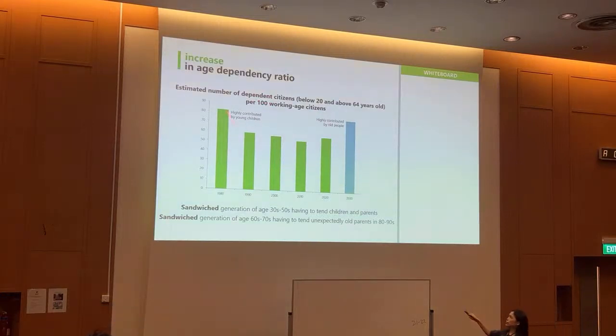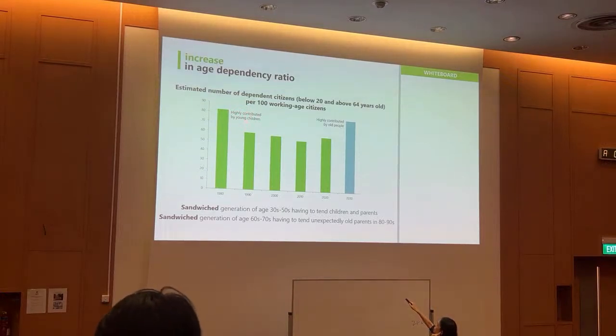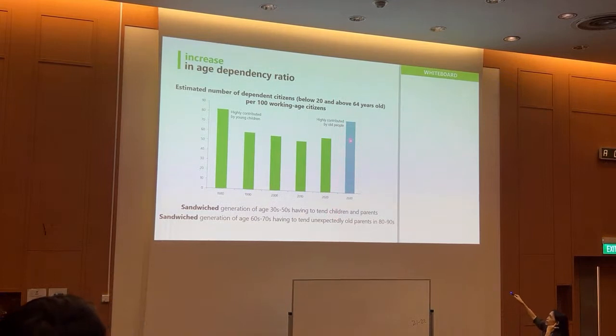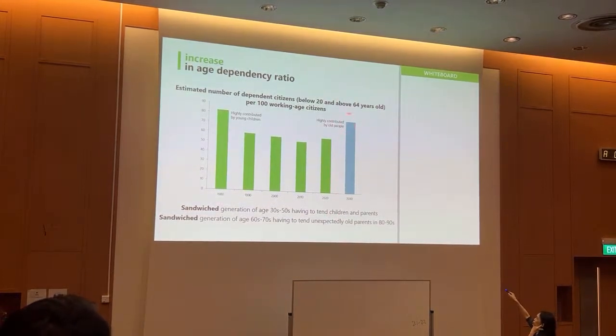In the earlier years of Singapore, the high dependency ratio was mainly due to the big number of young children. Then in the years to come, the dependency ratio is likely due to the presence of more and more old people.